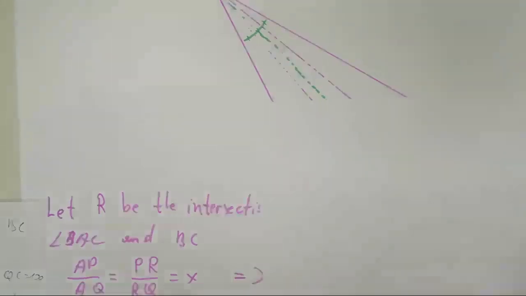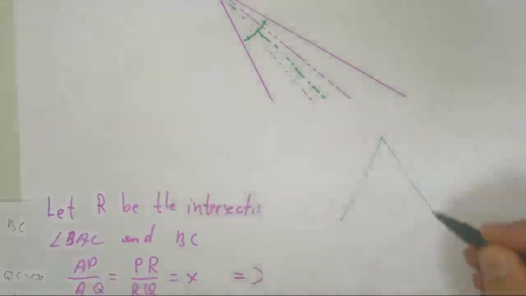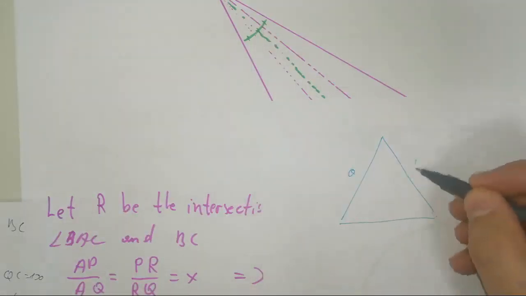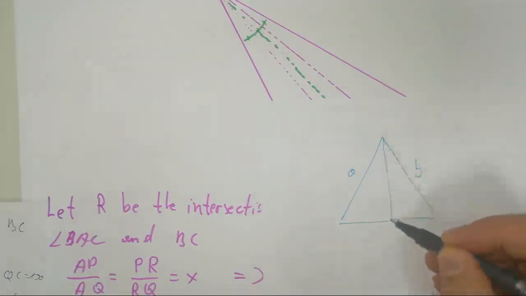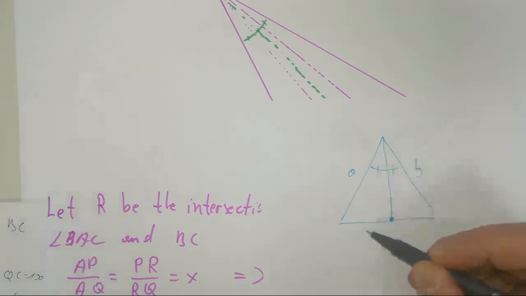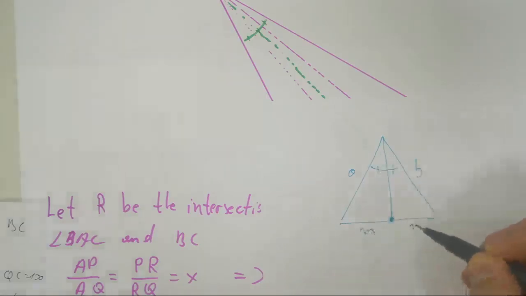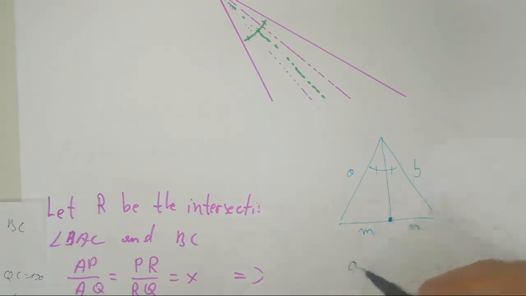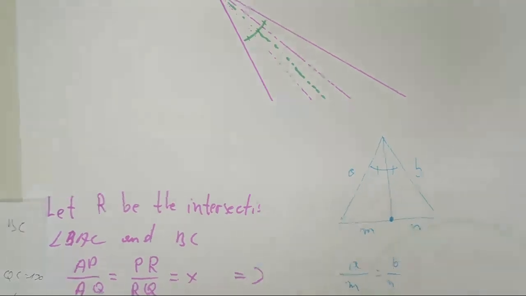Maybe you know. If you have a triangle here, this side A, this B, and this will be the angle bisector. This one, let's say it's M, and this one N. Then A over M is B over N. We just applied this property here.